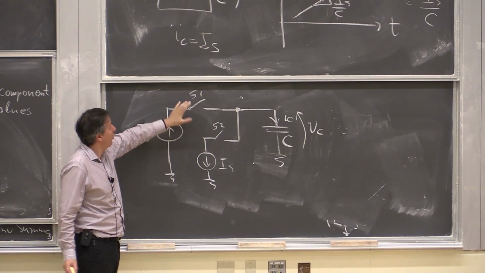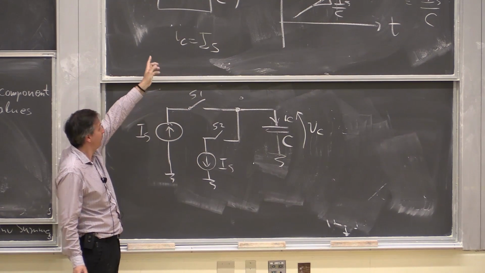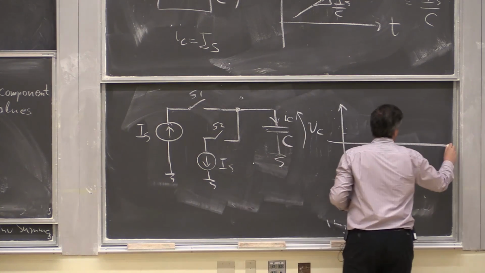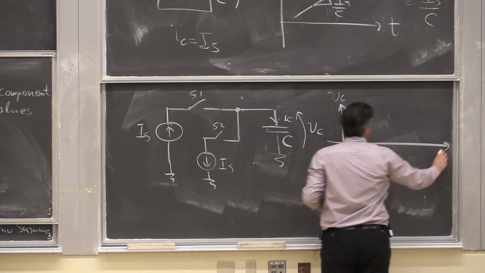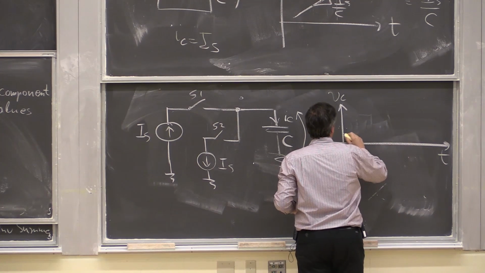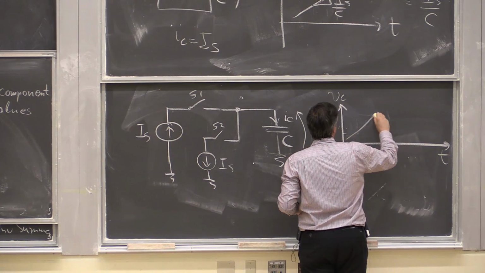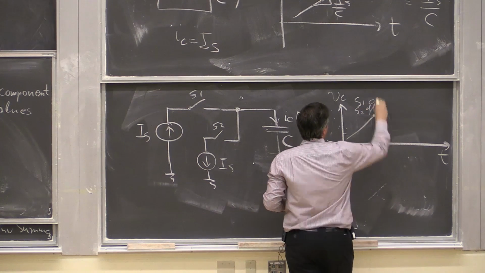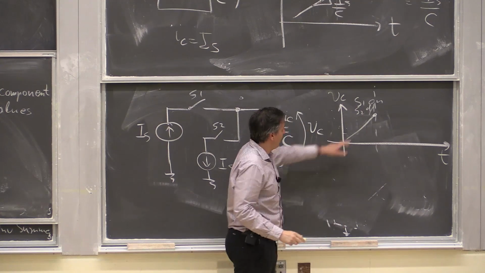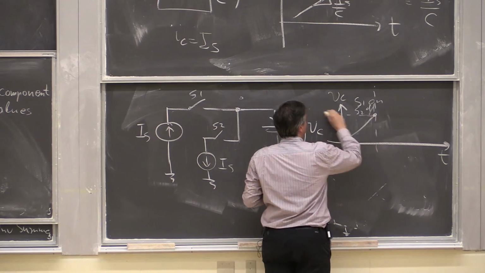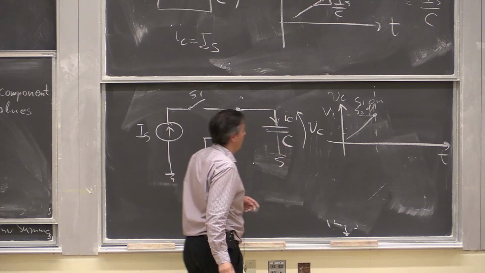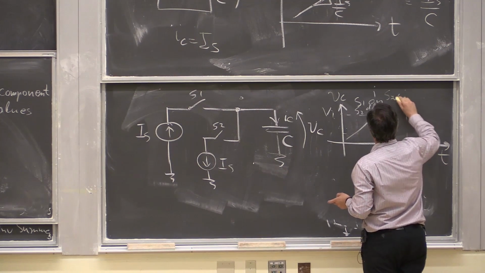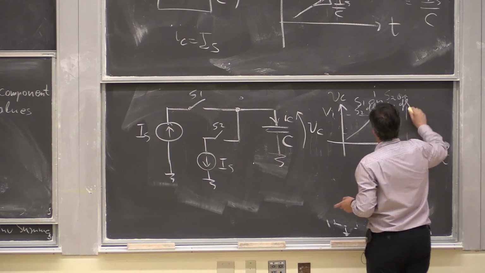So first S1 is on, we get a circuit that's on top. And if we're drawing VC, VC is a function of time. It increases. Here S1 is on, S2 is off. Then once it hits some level, let's call that level V1, we switch. So here, in this other period, S2 is on, S1 is off.